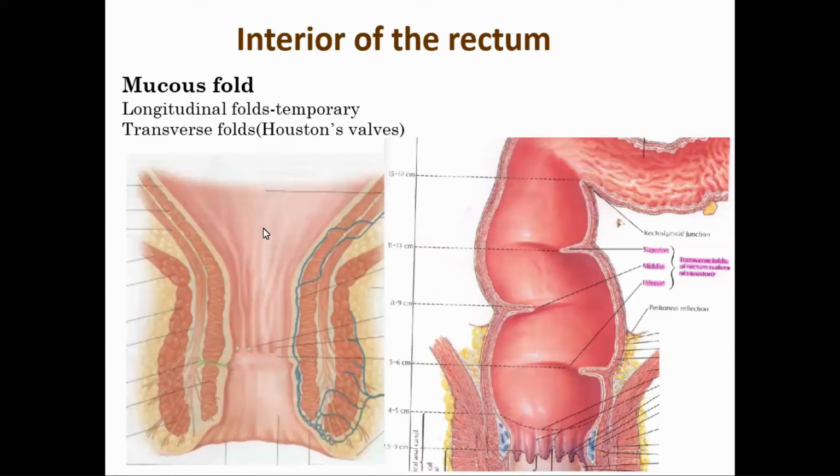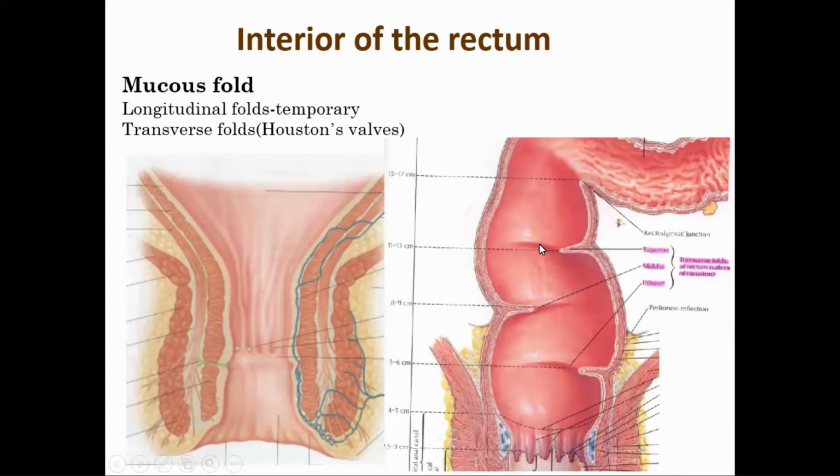Longitudinal folds are present on the ampulla of the rectum, and these are temporary mucosal folds. Temporary, because on distension of the rectum, they will disappear.